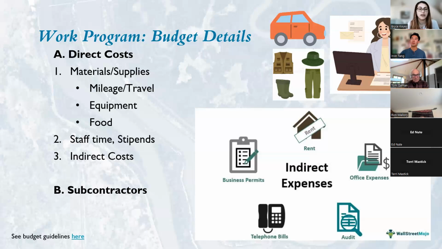For stipends, you can use cash. We don't allow gift cards or gas cards or transit passes to be used as stipends. So again, please just check in with your project manager before starting your grant if you're using stipends.